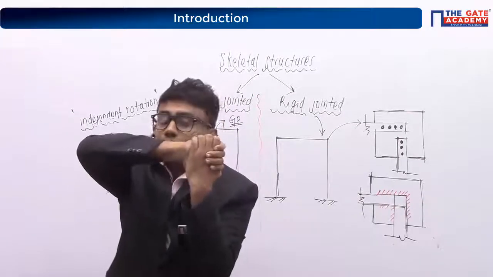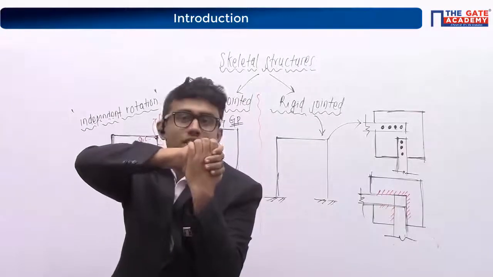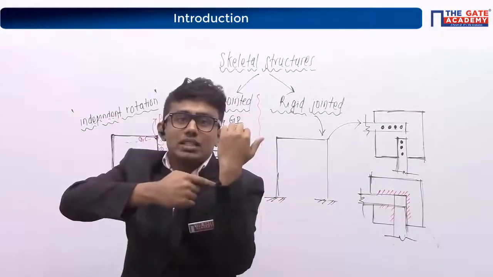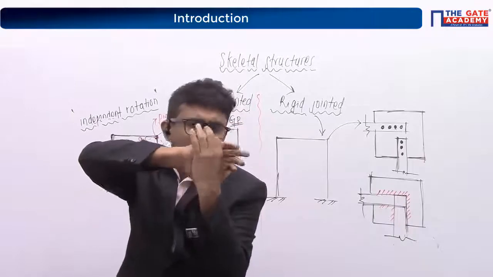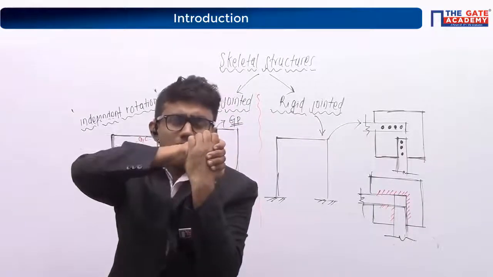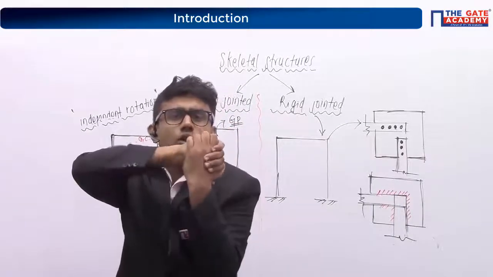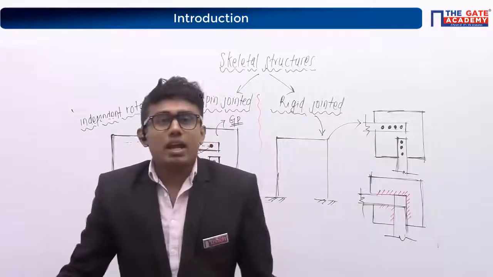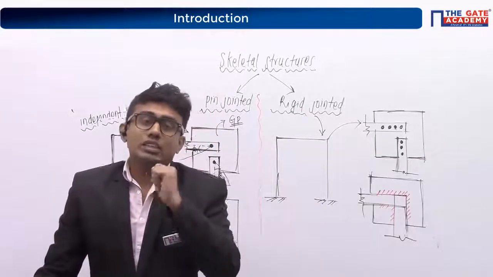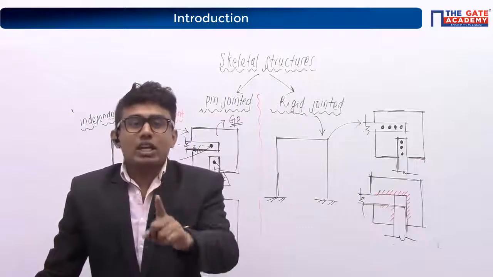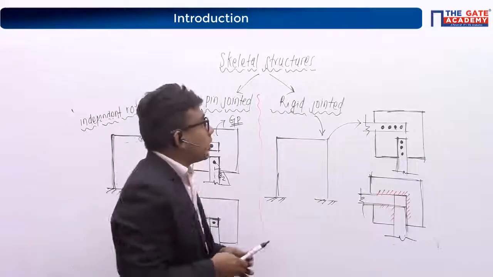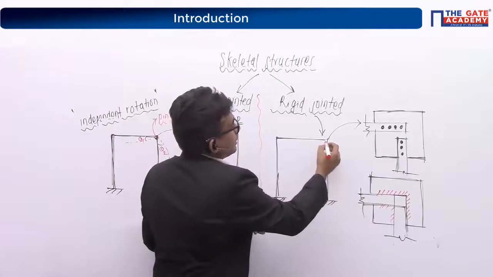The beam and the column, there is a rigid joint, are going to rotate with the same angle. The rotation will be the same in all the members meeting at this rigid joint.